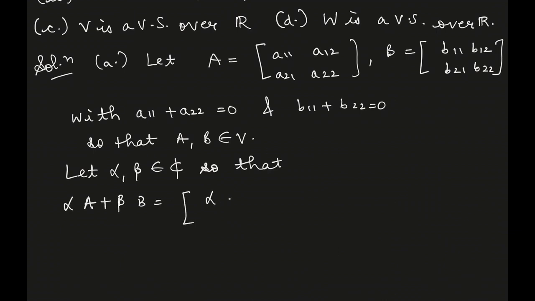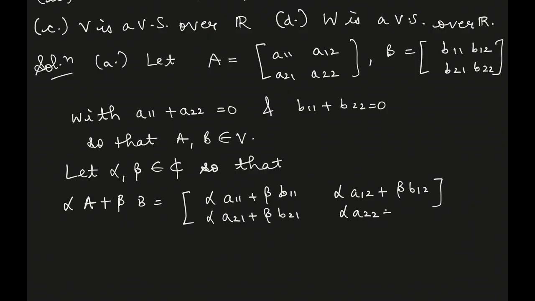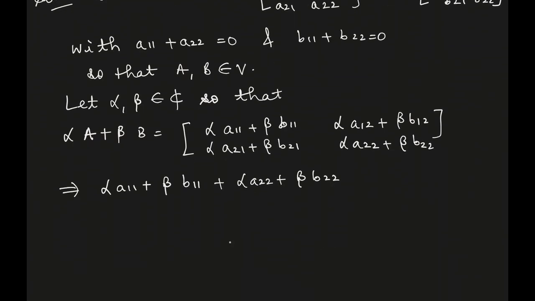This will be alpha A11 plus beta B11, alpha A12 plus beta B12, alpha A21 plus beta B21, alpha A22 plus beta B22. So alpha A11 plus beta B11 plus alpha A22 plus beta B22. I am taking the sum of diagonal entries.